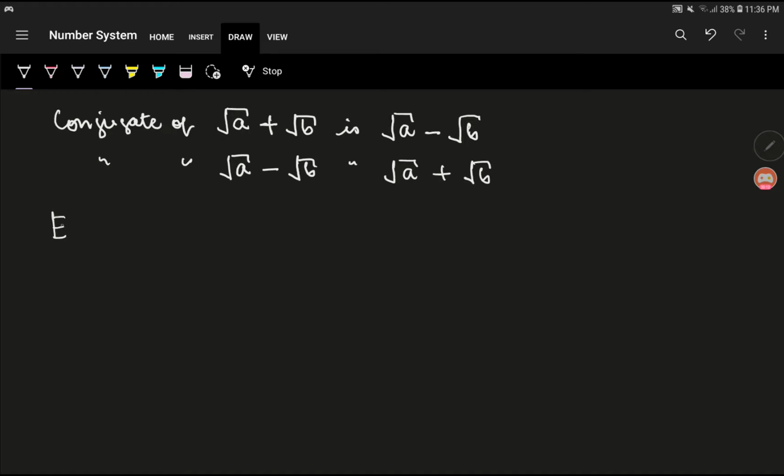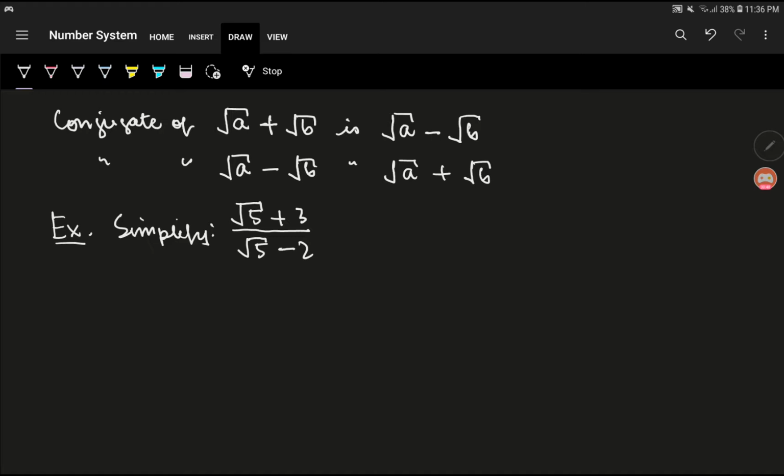Example: simplify surd 5 minus 3 plus 3 over surd 5 minus 2. So how can we simplify this fraction, this ratio?